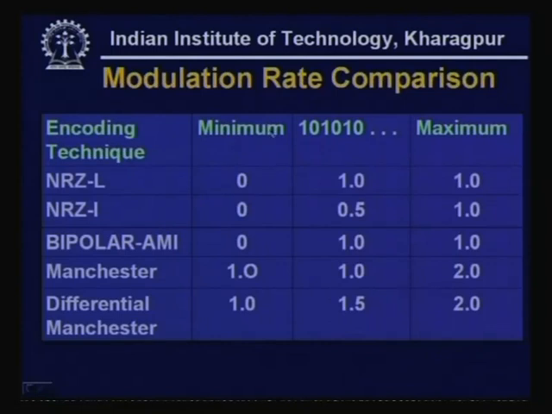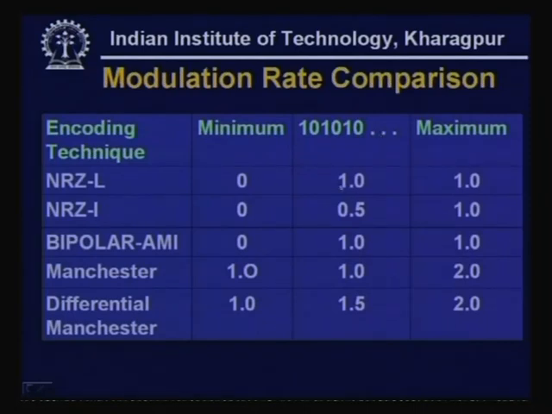So, this is the modulation rate. Minimum modulation rate for NRZ-L, NRZ-I and bipolar AMI is 0, because for that it does not change at all for some values of 0s and 1s. So, it is 0 for 1 0 1 0 alternating 1s and 0s.